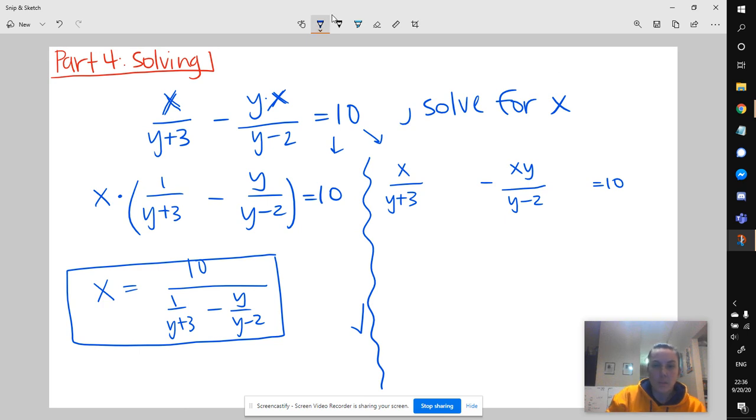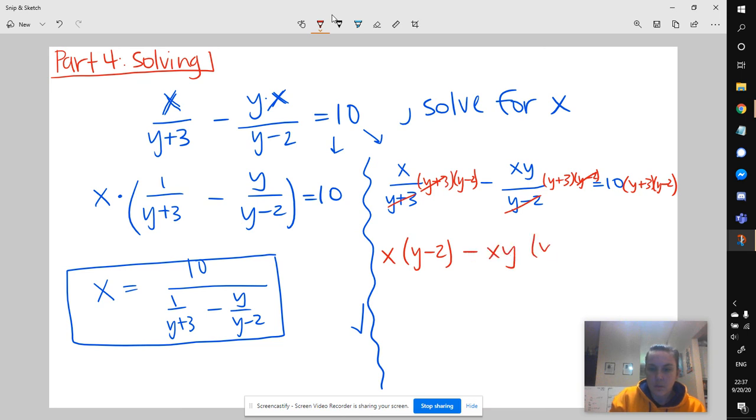If we multiplied all of these by y plus 3 and y minus 2, this part would cancel, this part would cancel, we'd get x, xy, and then this awful 10 thing.